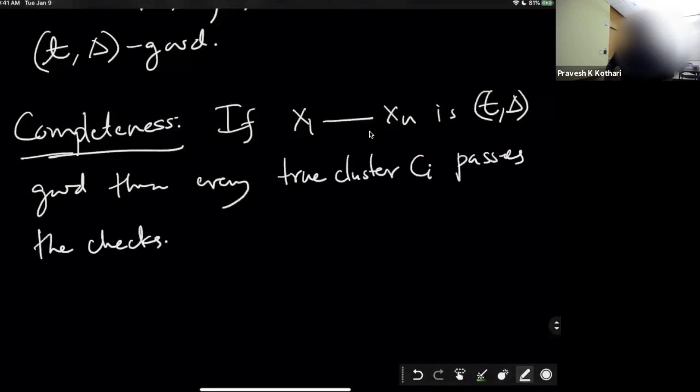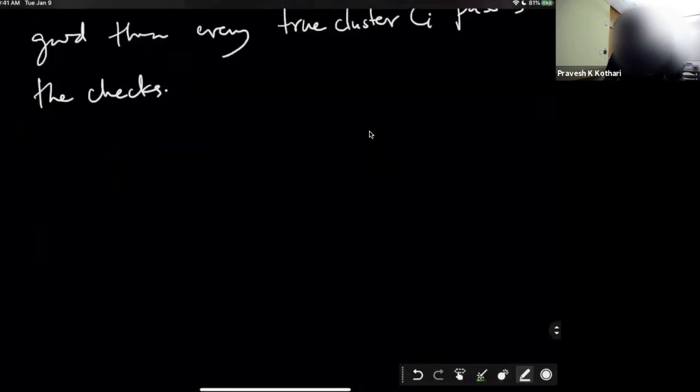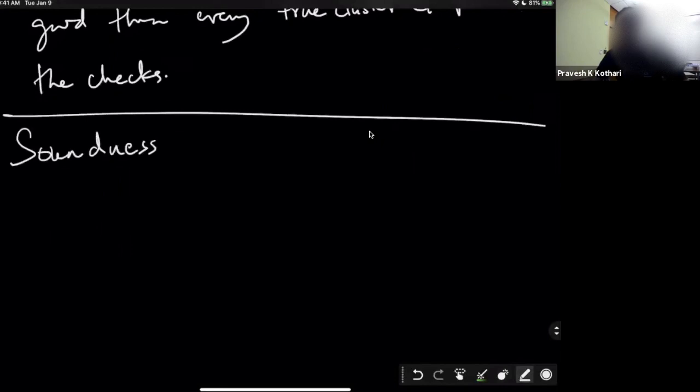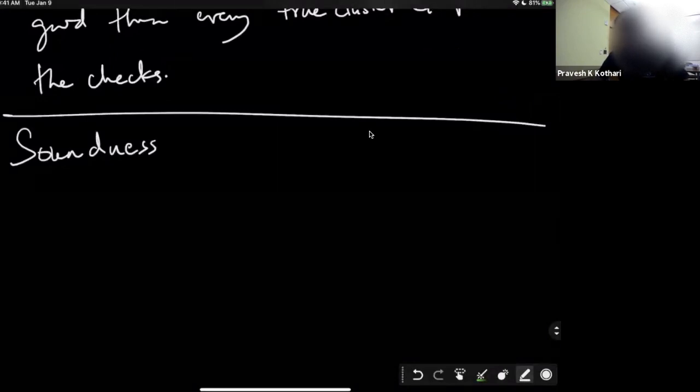And so the non-trivial part, of course, is the soundness, which is, why, if at all, are the checks we made enough? Why are they enough to somehow kill every potential fake cluster?